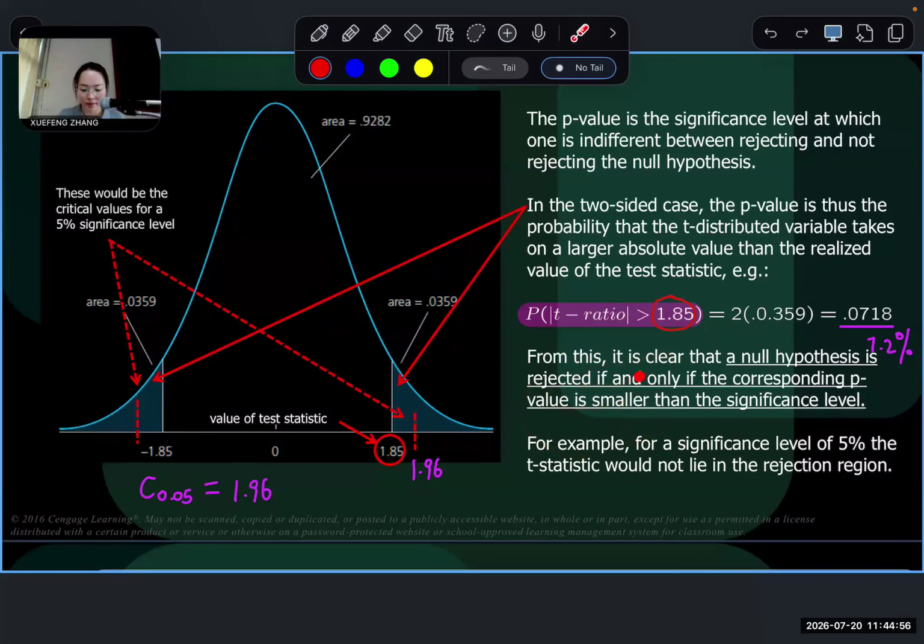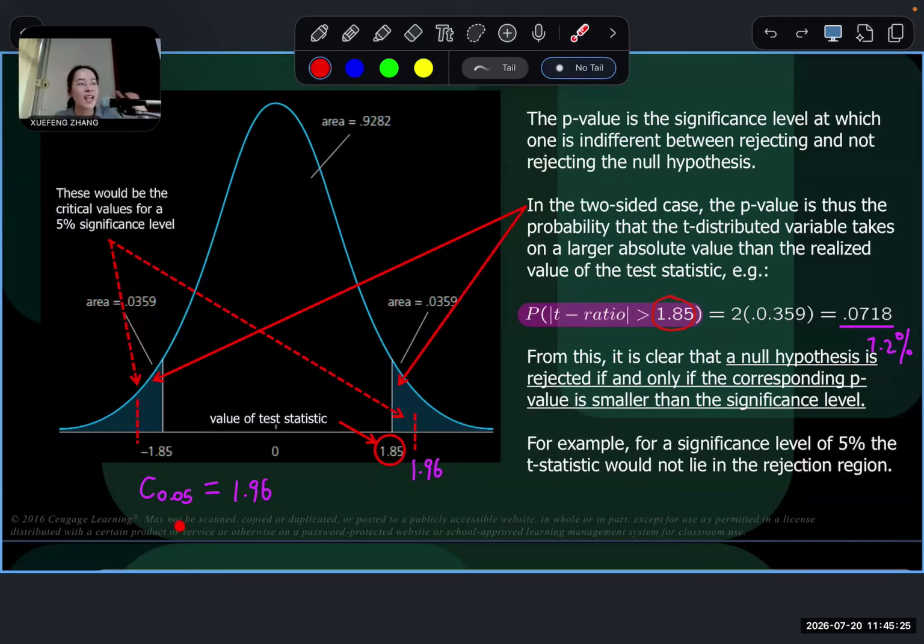This gives us a clean and general rule, and it's the most important takeaway from this slide. We can reject H0 if and only if the p-value is smaller than the significance level, right? Basically, our p-value 7.2 cannot be rejected at 5%.